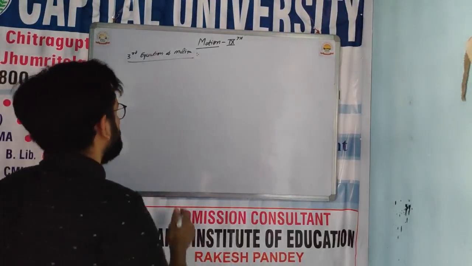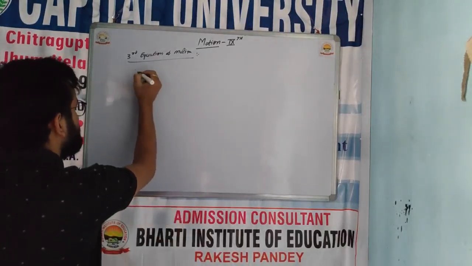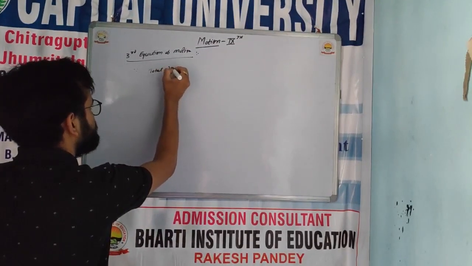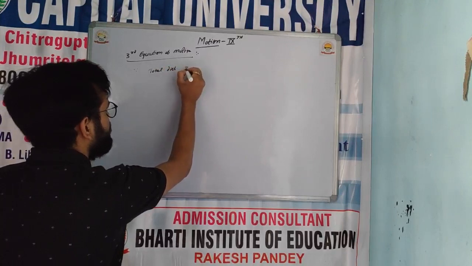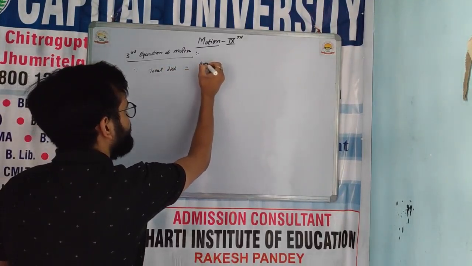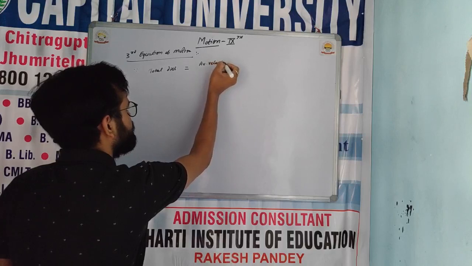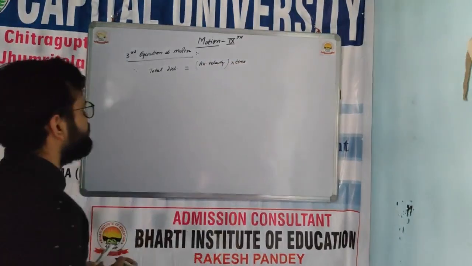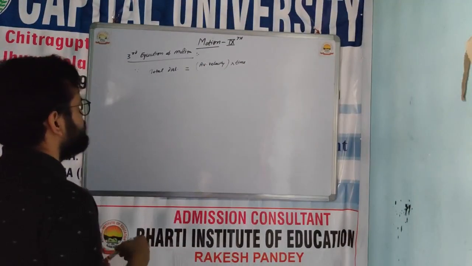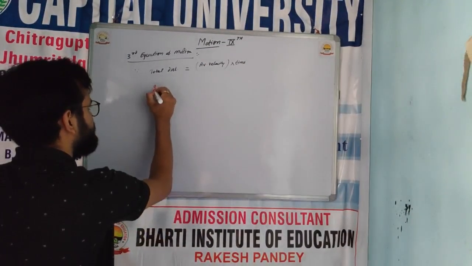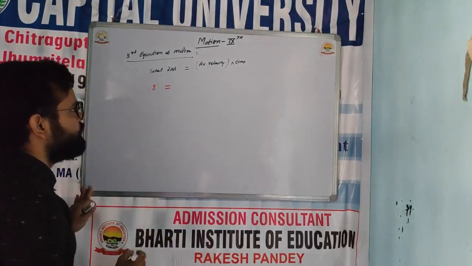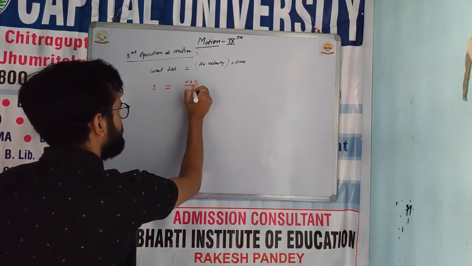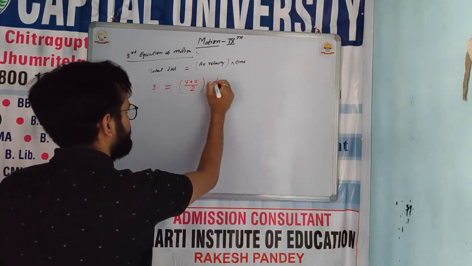Again, since we know that the total distance covered by a body is equal to average velocity into time taken. Clear? Total distance, symbolically written by capital S, is equal to average velocity, final velocity plus initial velocity by 2, into time taken t.